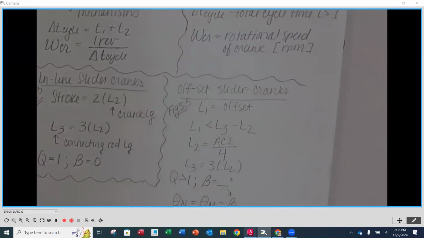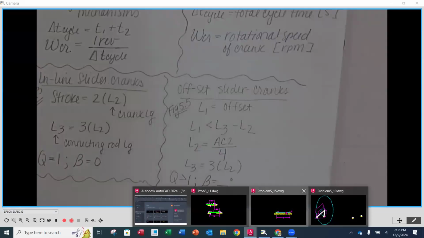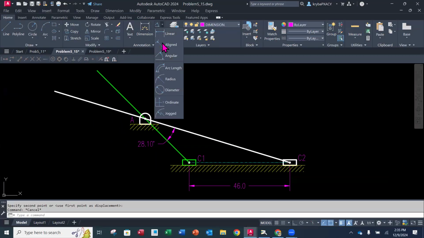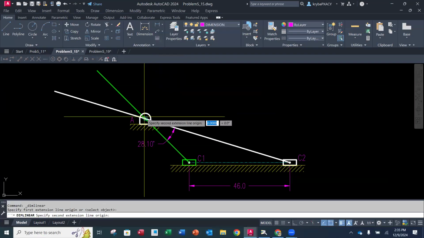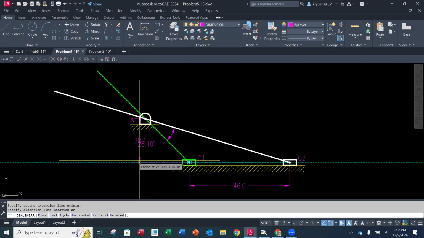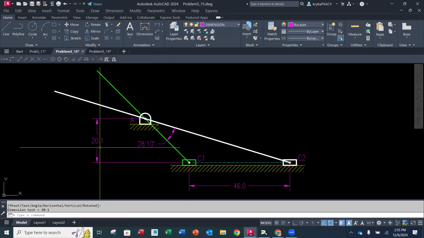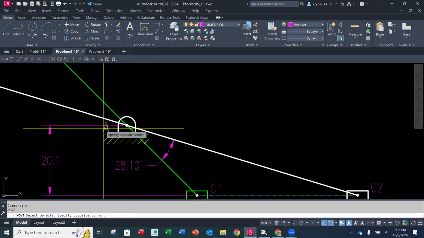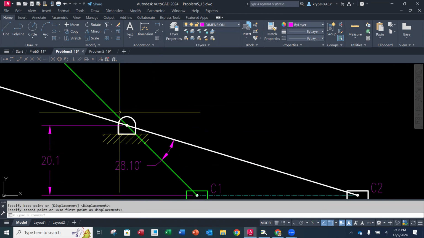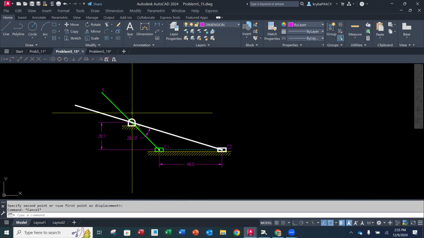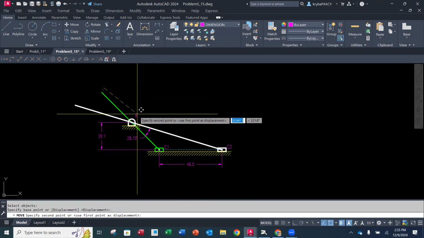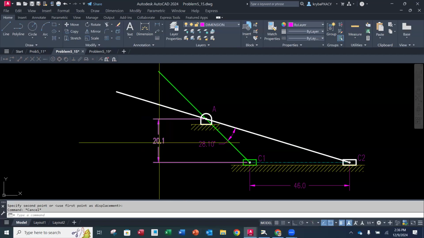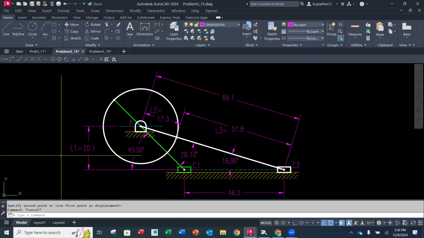So we're going to go back to AutoCAD. And our L1 is going to be the vertical distance between the center of rotation and the center of the path for our slider. So this distance right here, 20.1, is my L1.